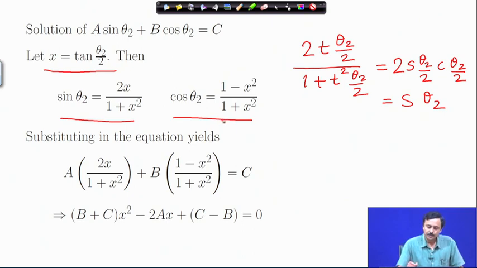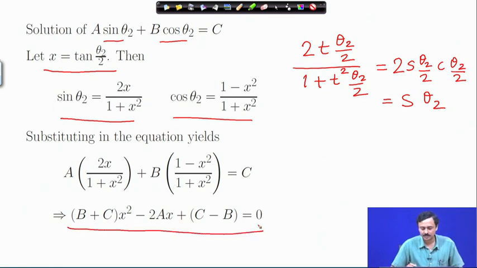Now, you substitute the sine theta 2 and cosine theta 2 in terms of x in this equation and get to this equation, which is a quadratic equation in x. So, you have to solve for the roots of this quadratic equation, which will give us x, and x is tan theta 2 by 2.